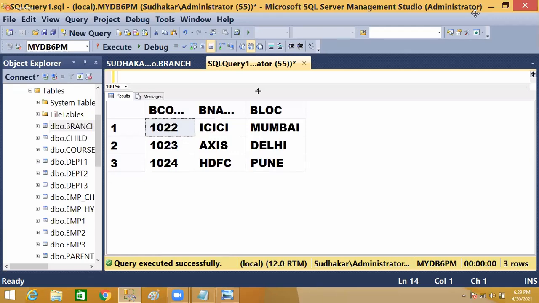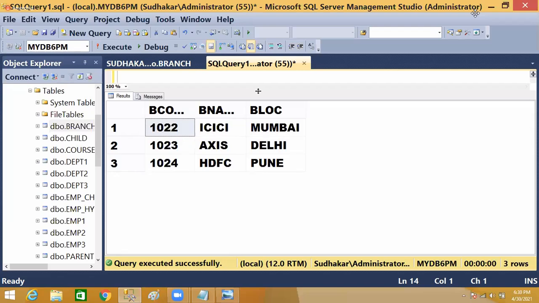So the specific row data, the specific row, whatever you wanted, you got it. Yes? And what about the remaining 2? So 21 and 25, where are they remaining?